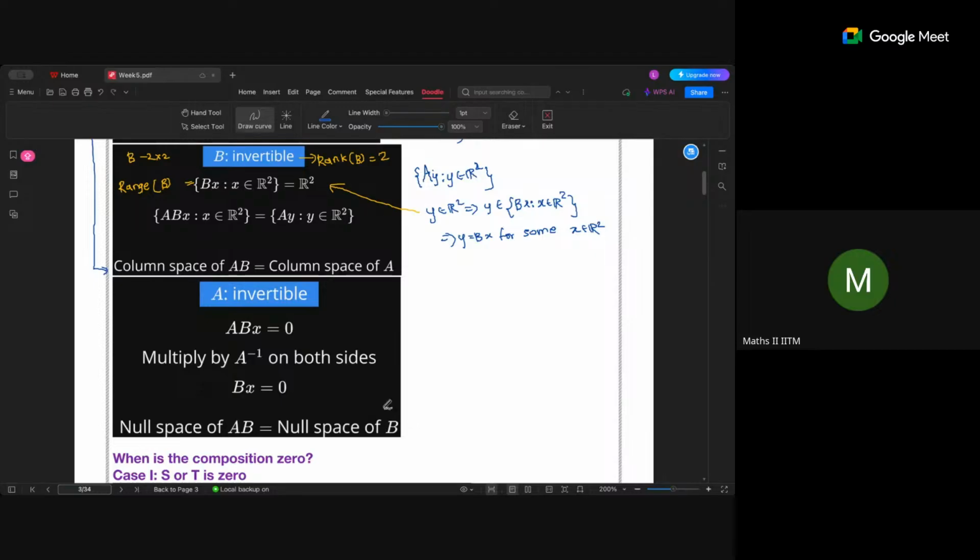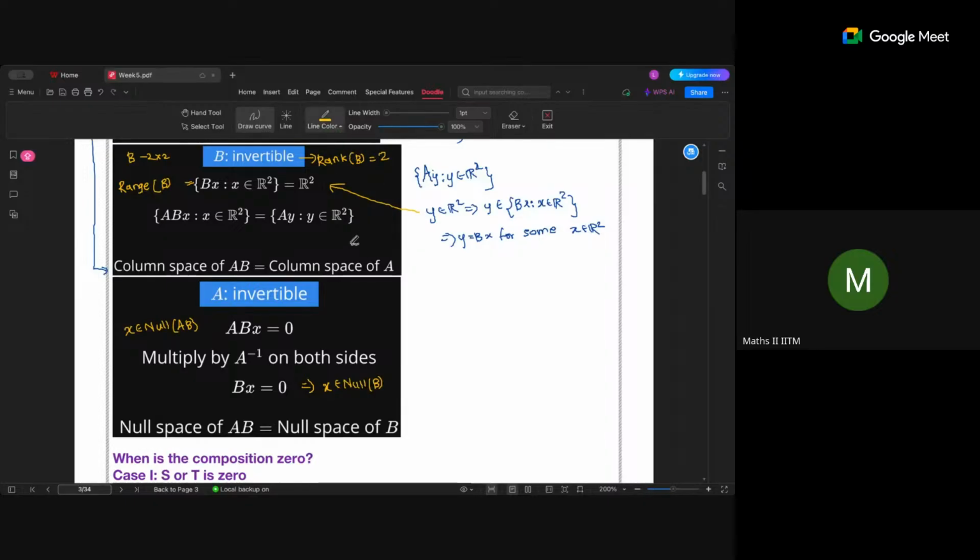How is that so? So first here we have started with an element x from the null space of AB, right? And then here we saw that x belongs to the null space of B. So if x belongs to null of AB implies x belongs to null of B, what does it say?